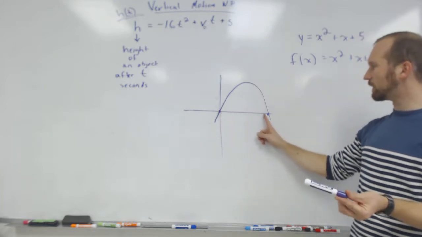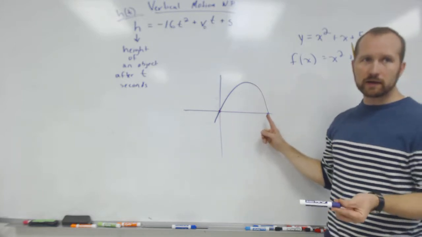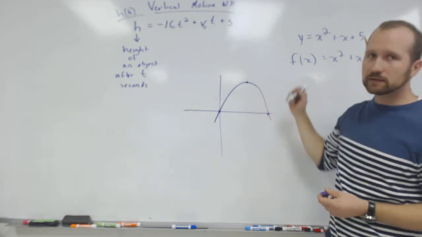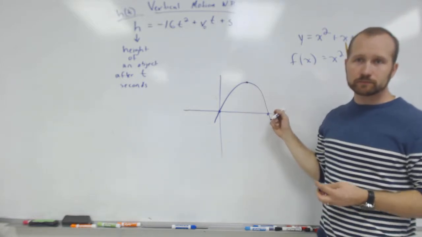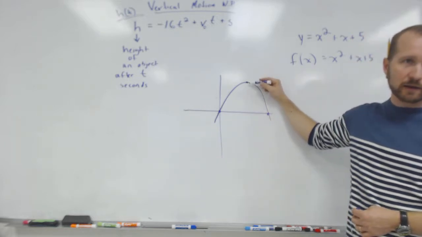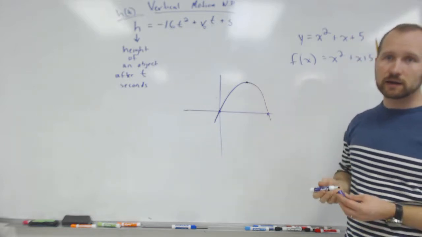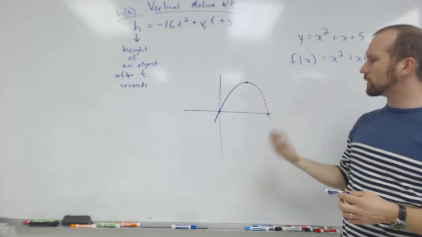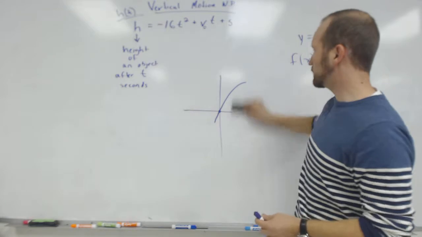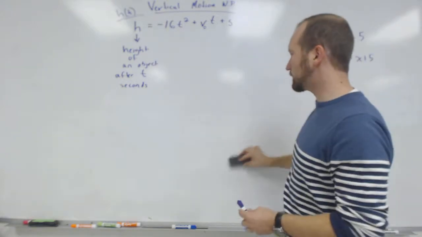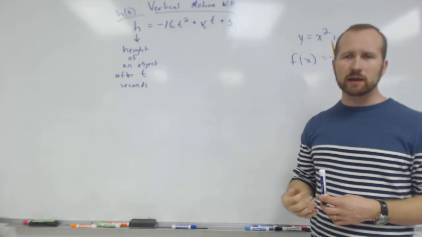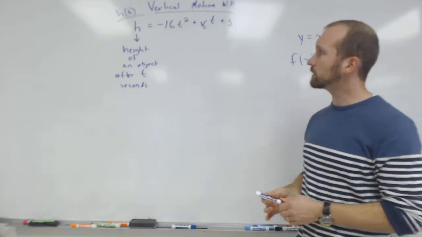And after some amount of time, it's going to be back on the ground. At some point, it will reach a maximum height, right? And that's the vertex of our parabola, the maximum height. So all these things that we've learned about parabolas can now be applied to vertical motion. We can find the vertex, we can find the zeros or the roots, and that can tell us something about the motion of an object.